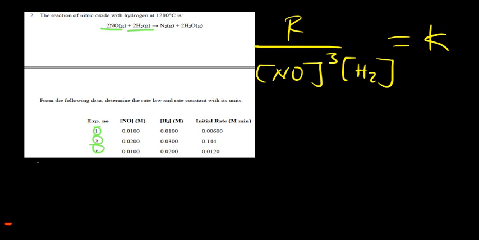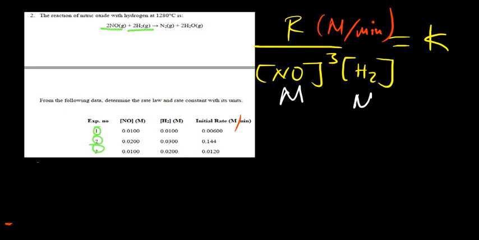Let me just guide you how you find the units, just in case you've forgotten. Notice that in this case, our rate has been given in molar per minute. And then our concentrations, of course, are always in molar concentrations.